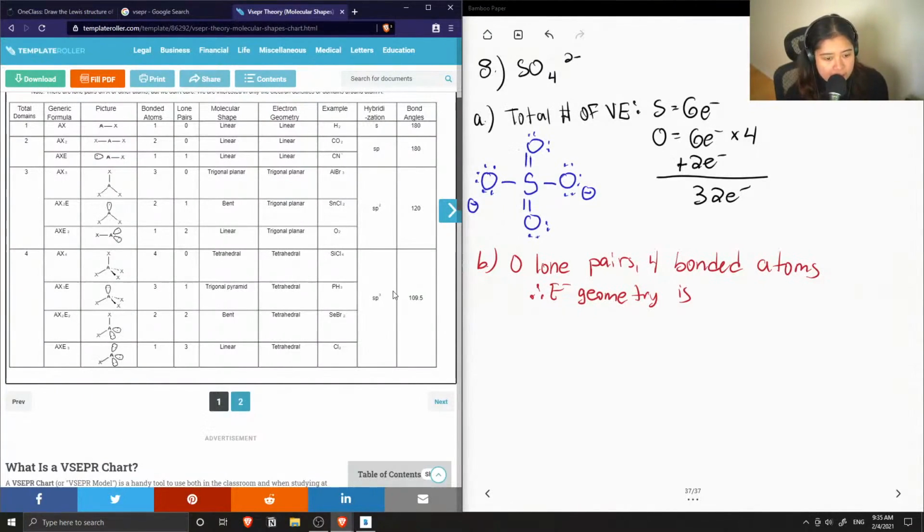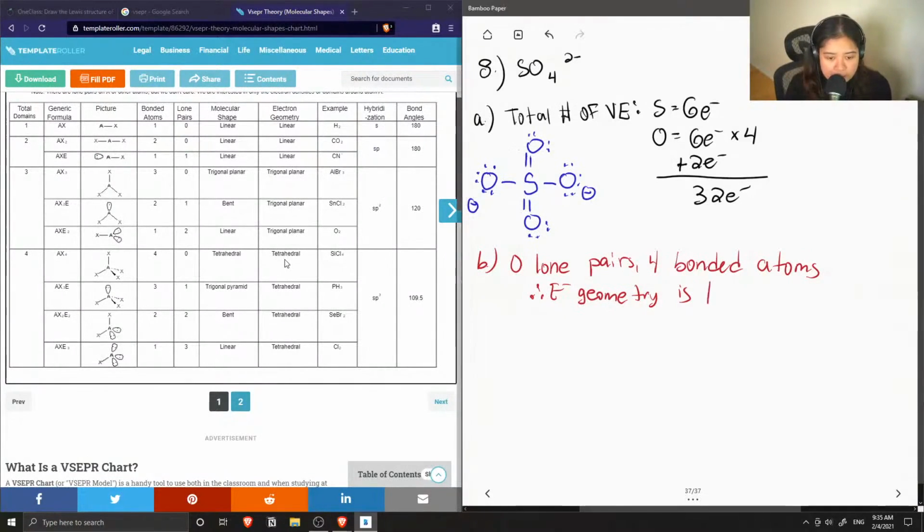So we'll see that when you have 4 bonded atoms and 0 lone pairs, the electron geometry is tetrahedral.